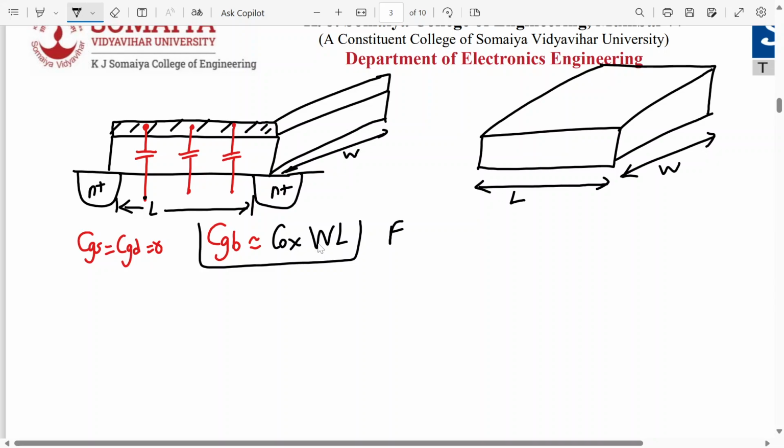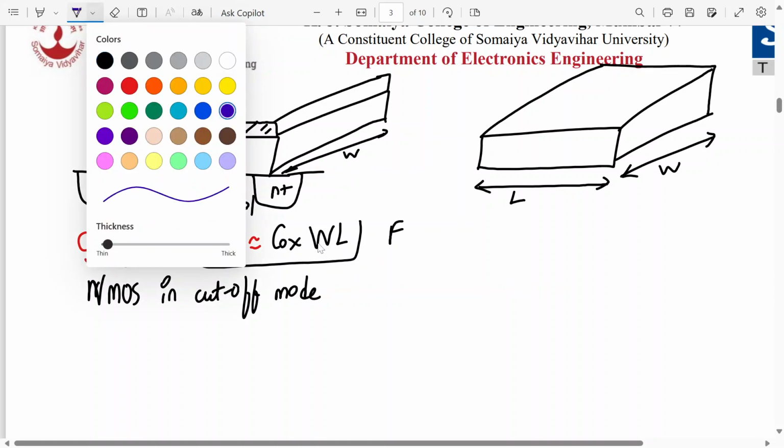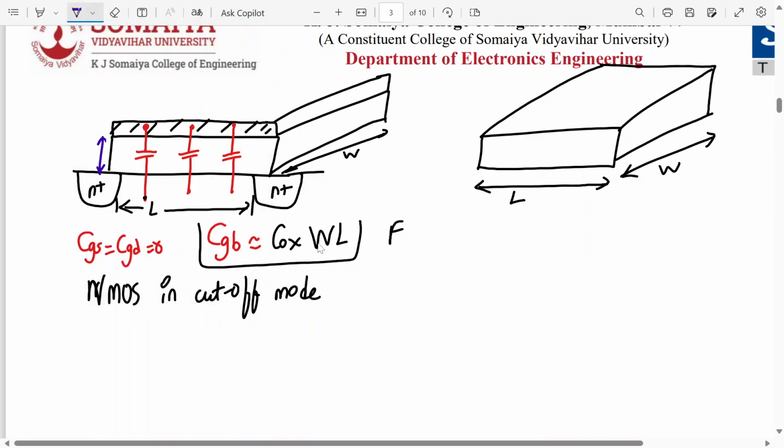This is the operation of NMOS in cutoff mode. So in NMOS in cutoff mode, CGS and CGD are 0. The entire distributed parasitic capacitance will be CGB, and that will be given by Cox into W into L. Cox because it is the gate oxide, with oxide thickness Tox.